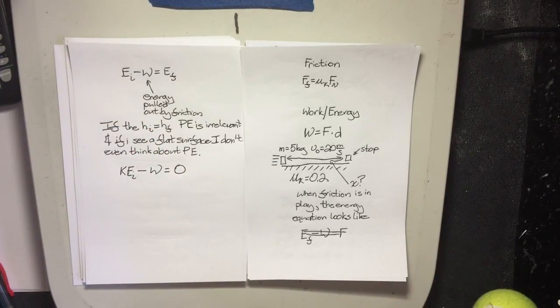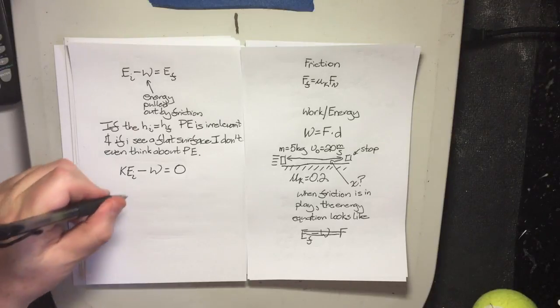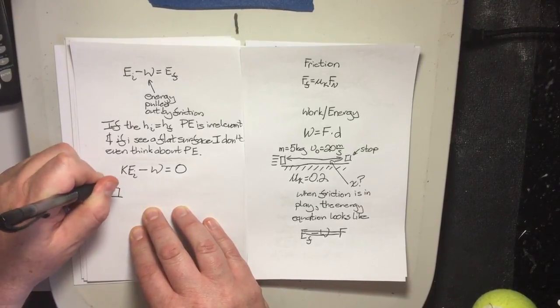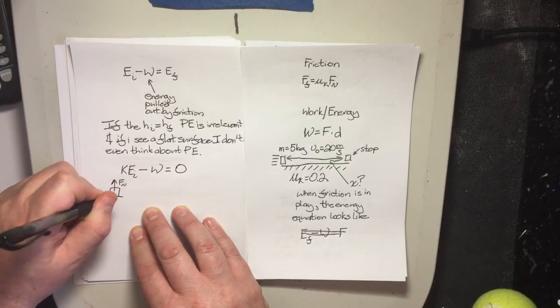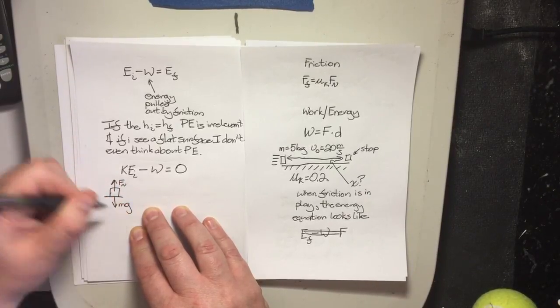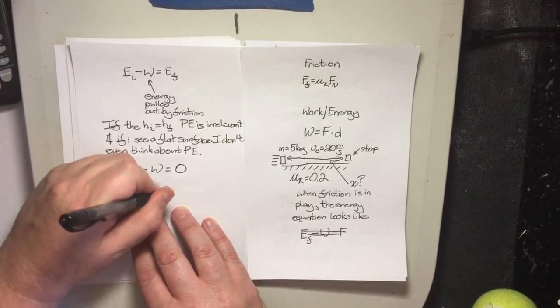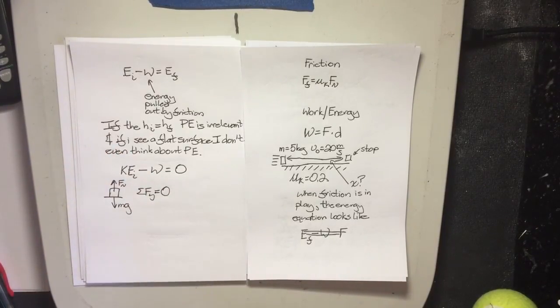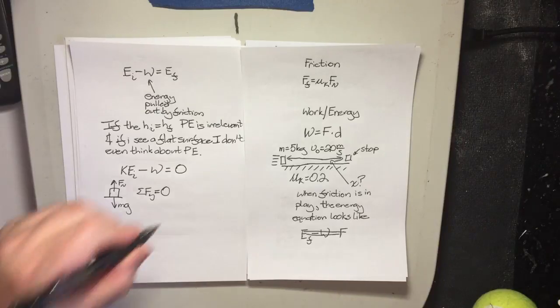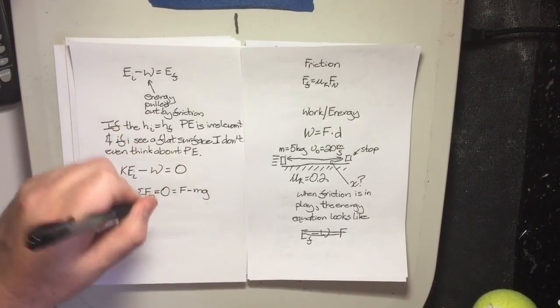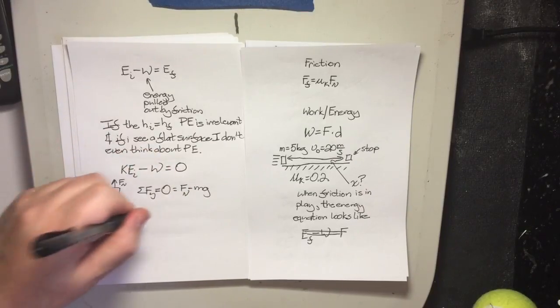Now, because we're dealing with a flat surface, we do our normal ritual. The sum of the forces in the vertical is 0, which means normal force minus mg is 0.